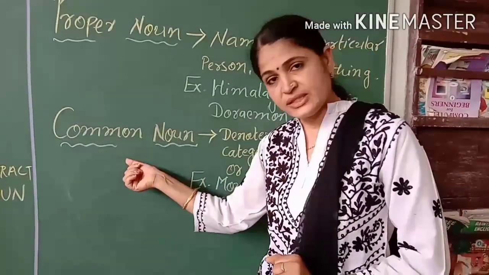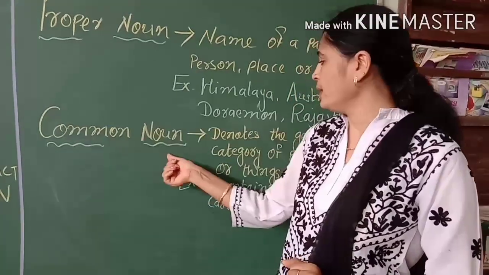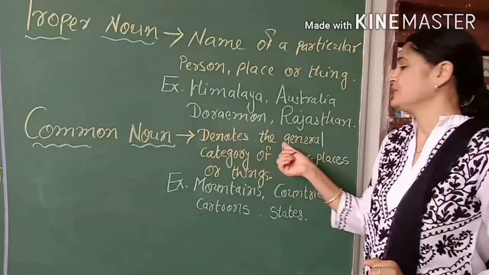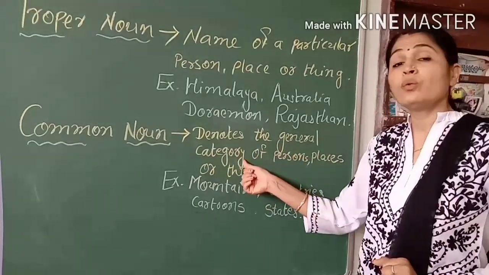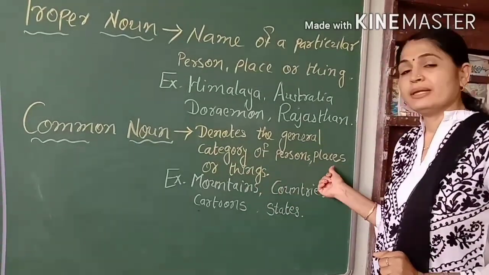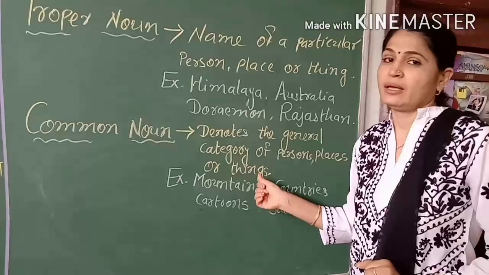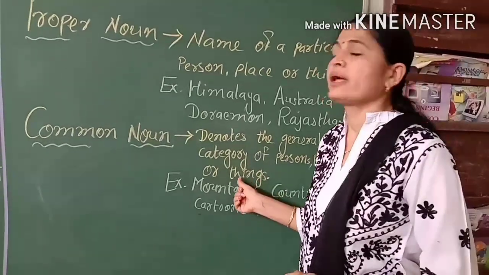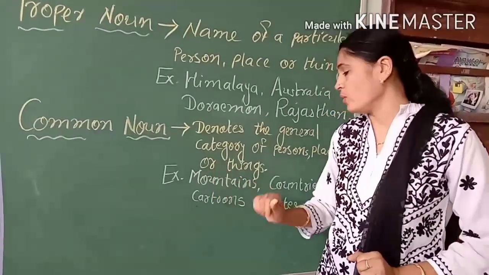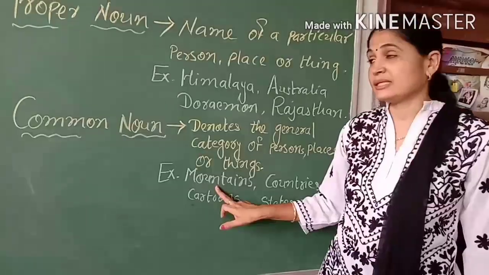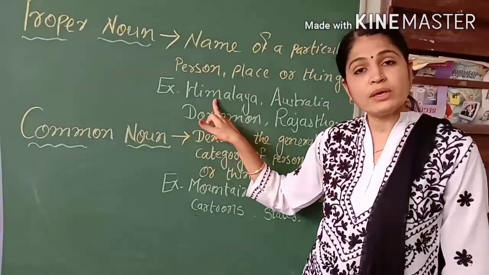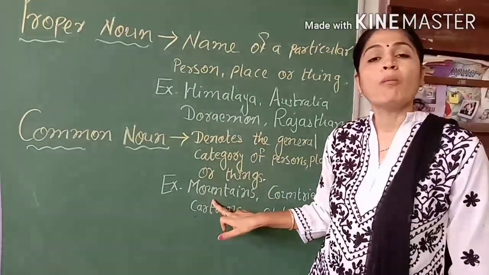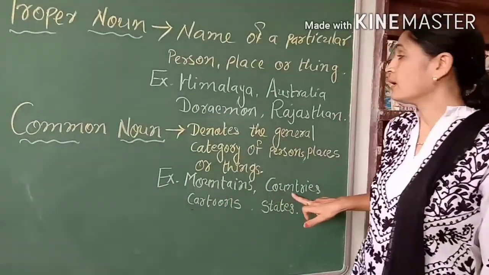Moving ahead towards the common noun. As the name suggests, common, the common noun denotes the general category. General category of whom? Persons, places or things. It can be a countable noun like mountains. See the difference here: Himalaya, the name of the mountain, but here mountains.